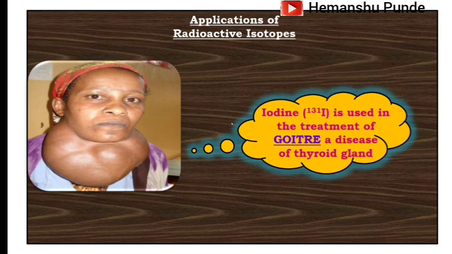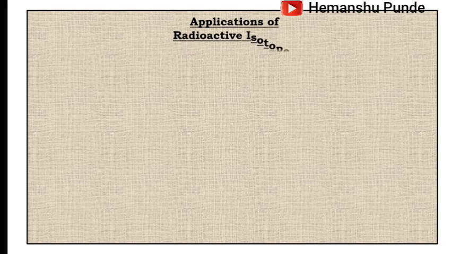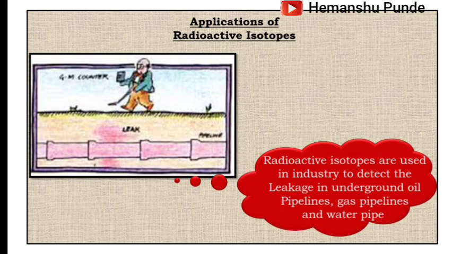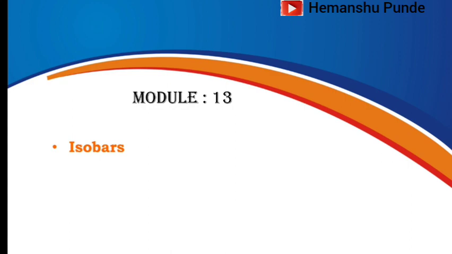Iodine 131I is used in the treatment of goitre, a disease of the thyroid gland. Next, radioactive isotopes are used in industry to detect the leakage in underground oil pipelines, gas pipelines and water pipes.